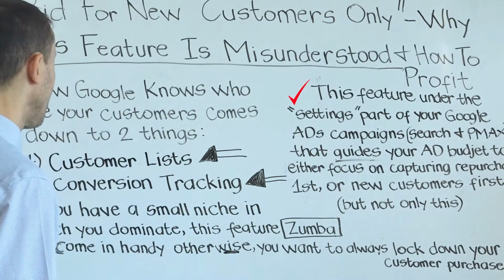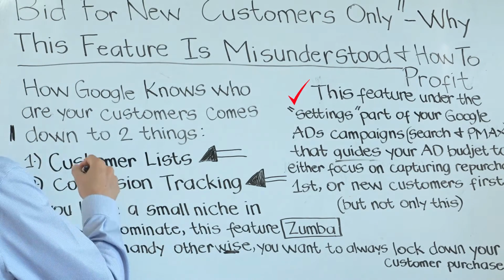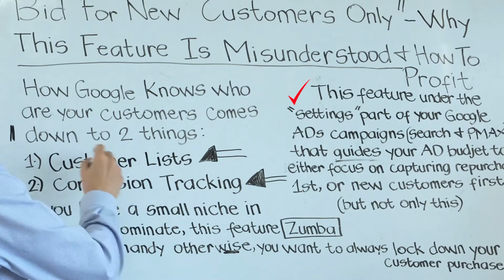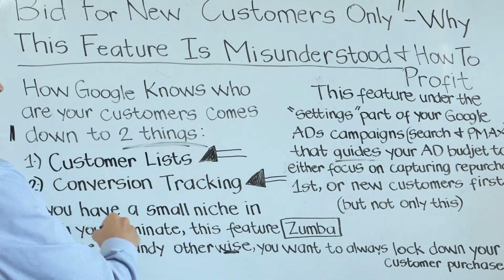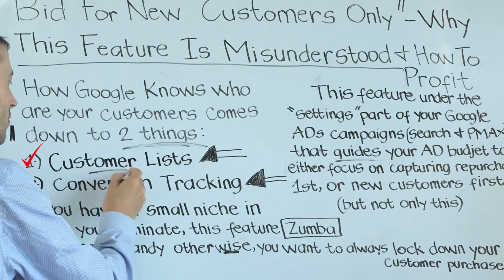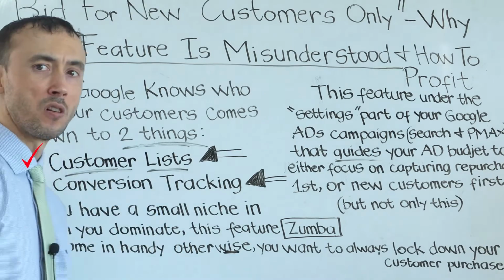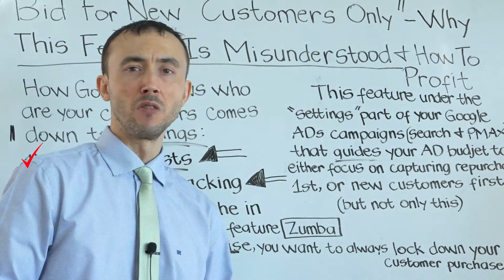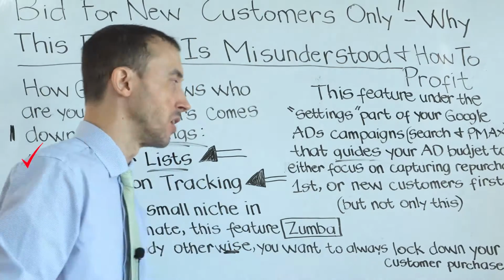Now, how Google knows who your customers are comes down to two things. You have customer lists. If you upload your customer lists to Google, they understand when a customer comes through because they already have your customer list.